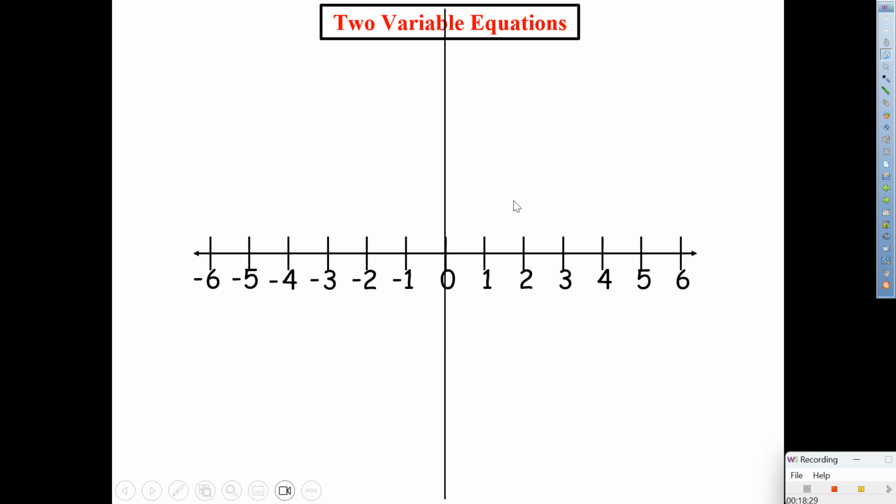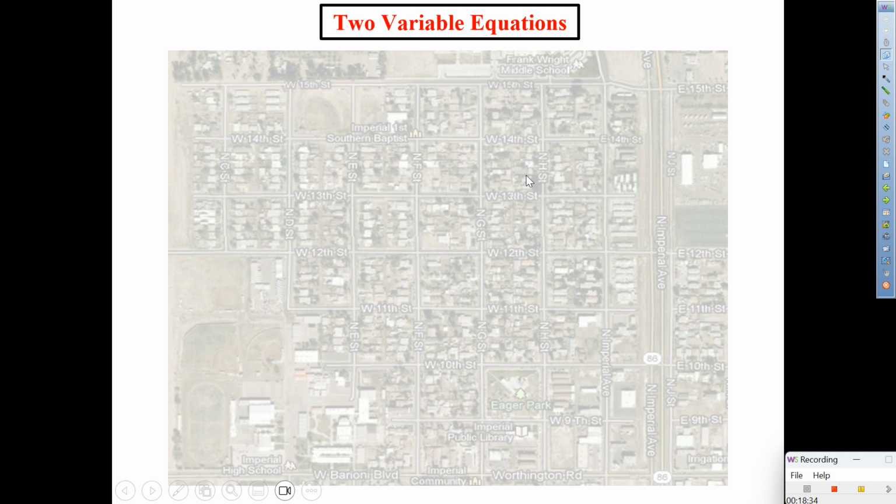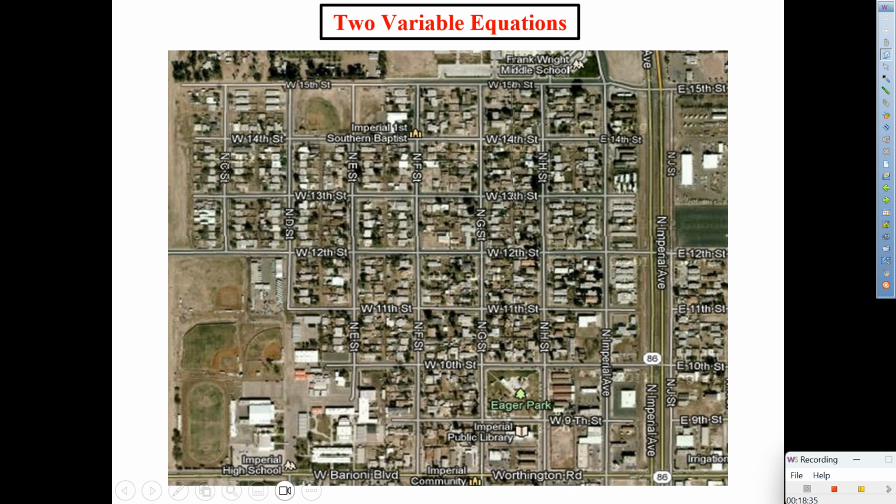All right? So here we go. Quick intro. Google Maps, look up. That look familiar? So this is Imperial, and the high school's down here. Everybody see that?